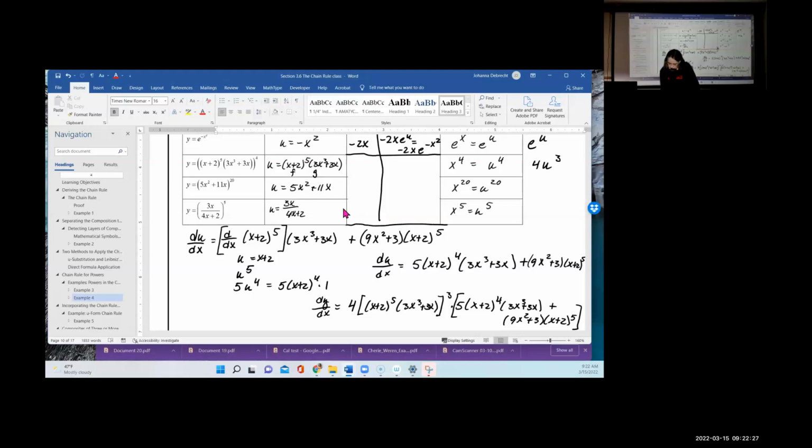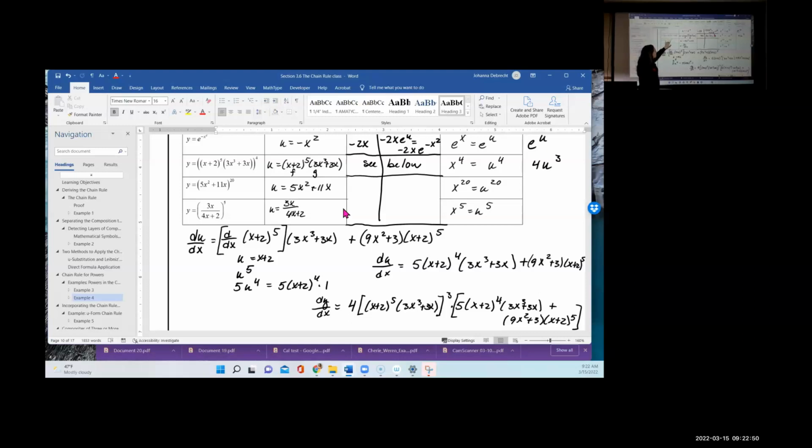Okay, let's take a look at the next one, which is 5x squared plus 11x, all raised to the 20th power. So the outside function is the 20th power. The inside function is 5x squared plus 11x.